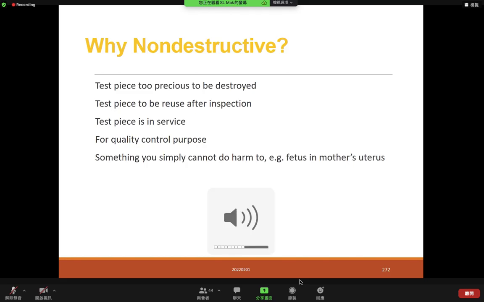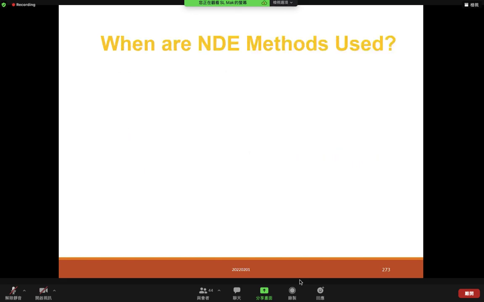Sometimes we simply cannot do harm, such as when we would like to check human bodies. For example, when a patient enters the hospital, we use X-ray or CT scan to check for any problems.